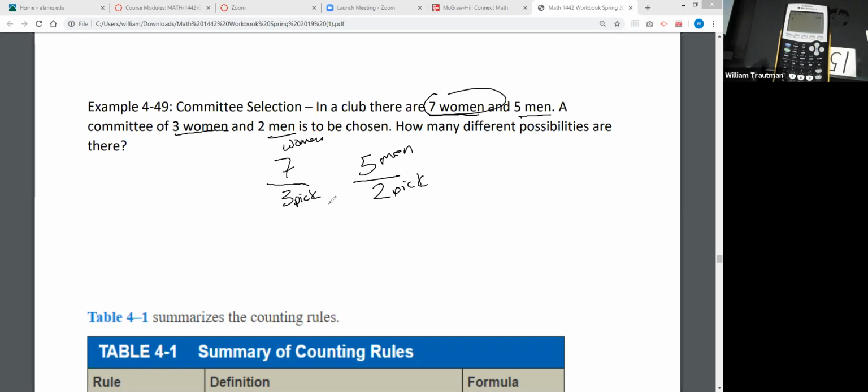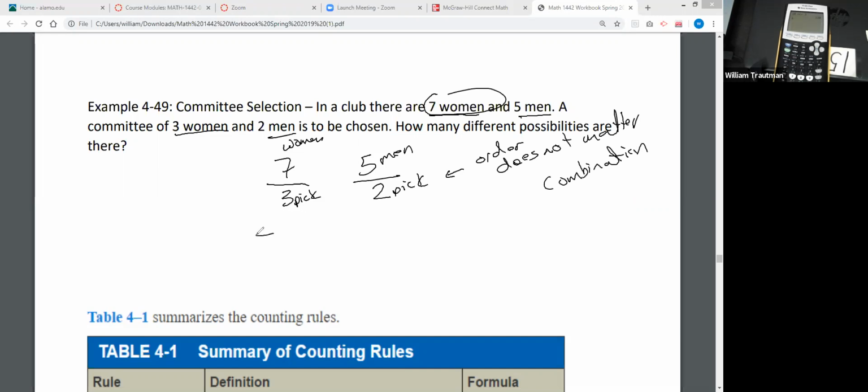We're just picking 3 women. It doesn't say we're picking the smartest 3 or the tallest 3. If you're just picking 3, order does not matter, so we're using a combination.